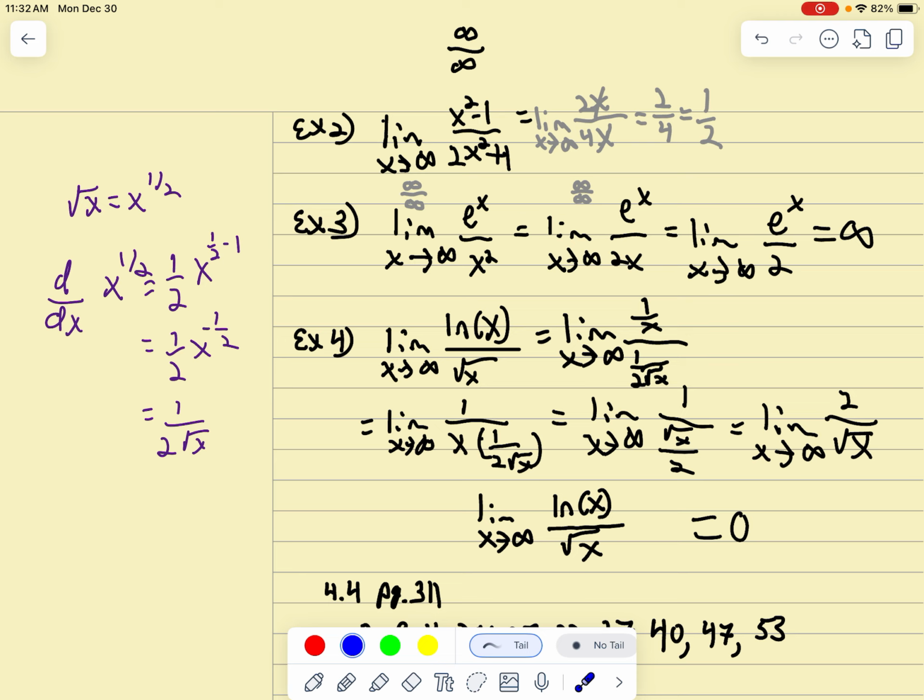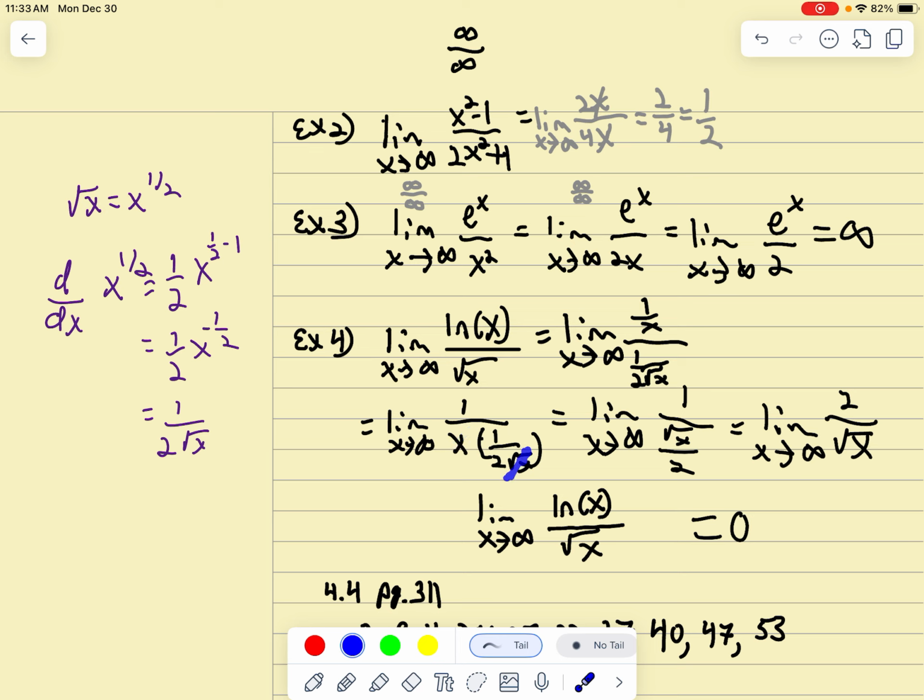All right, so we can go from here to here. Now the rest is algebra. 1 over x over 1 over 2 square root of x. I did it one way; you could also have reciprocated this and gotten the same idea. You end up with 2 over the square root of x. That x cancels out with the x underneath in a sense.